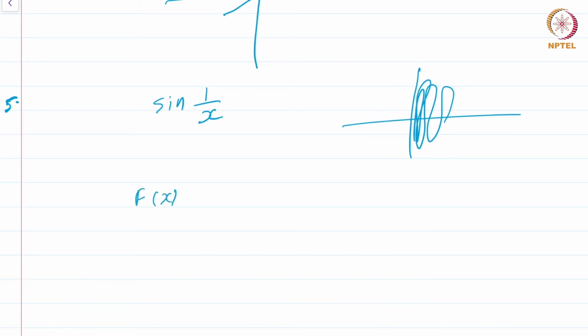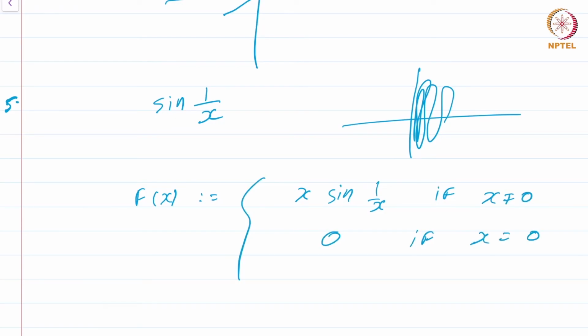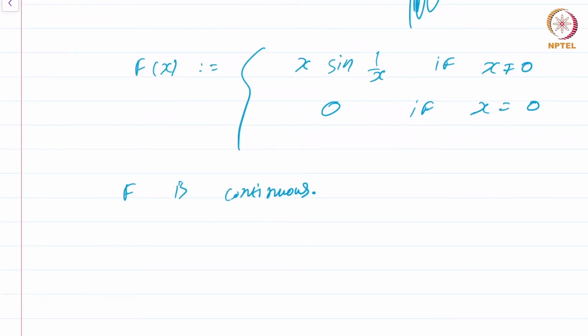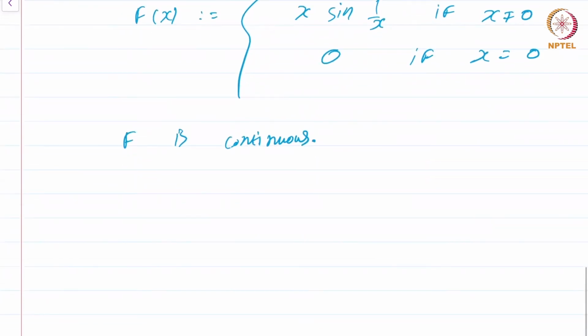So consider the function f of x defined to be x sine 1 by x if x is not 0, and 0 if x is equal to 0. We already know that this f is continuous. This we have seen in the example section of continuity. Now, let's try to take the derivative at the origin.